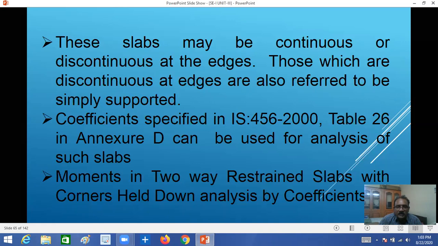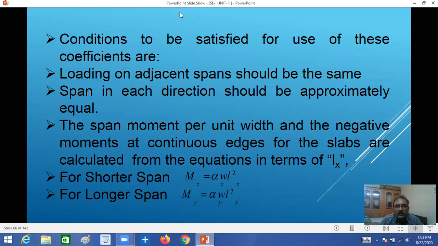Moments in two-way restrained slabs with corners held down are analyzed by the coefficients. Here, the important formula given by IS 456 is used. The following conditions should be satisfied.